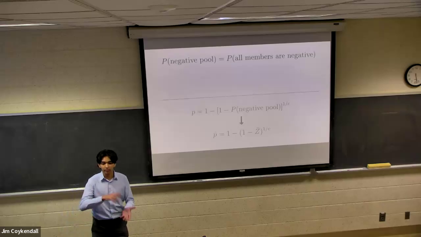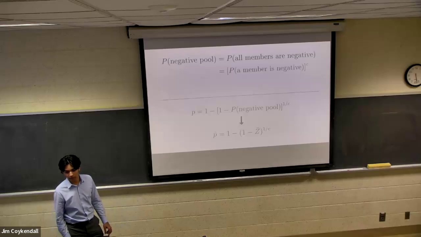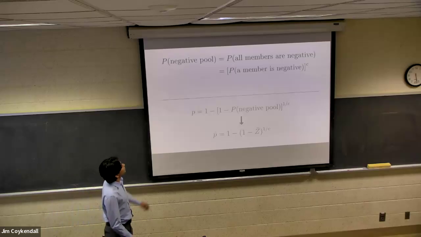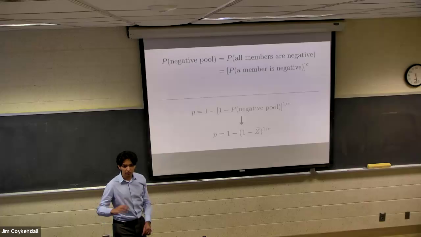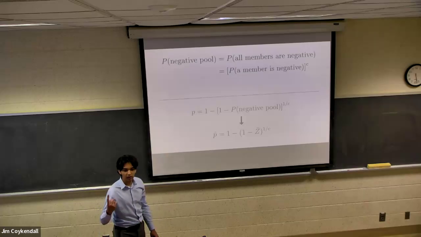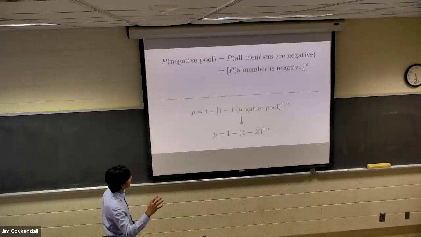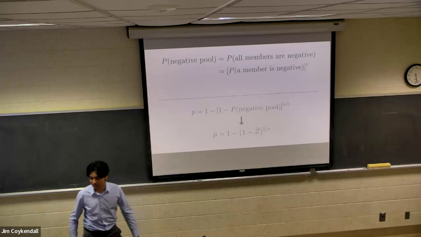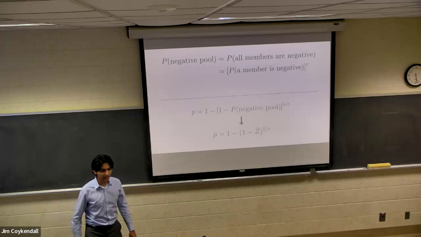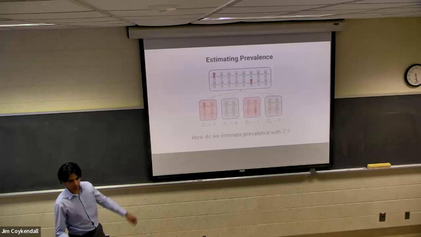Well, first off, all of the members inside of a pool are independent, so we can use laws of probability. We can say that the probability that all members of a pool are negative is the probability that any one of them is negative raised to the power of the pool size. In this case, we'll call that C. In this case, C equals 4, because we have pools of size 4.